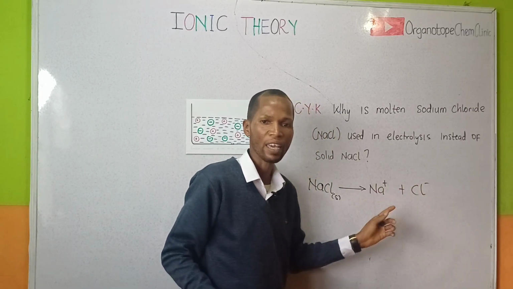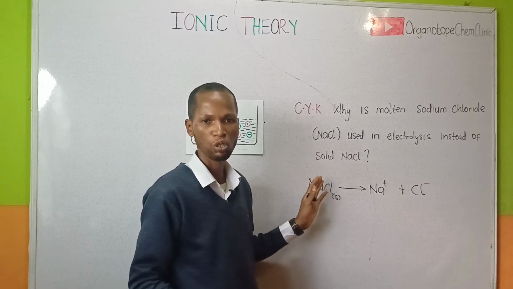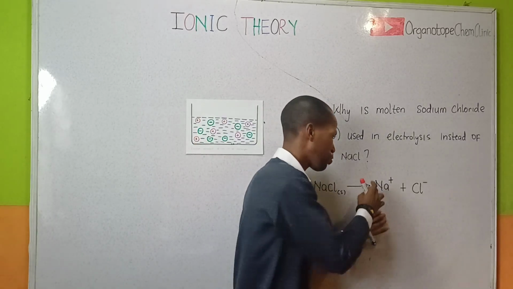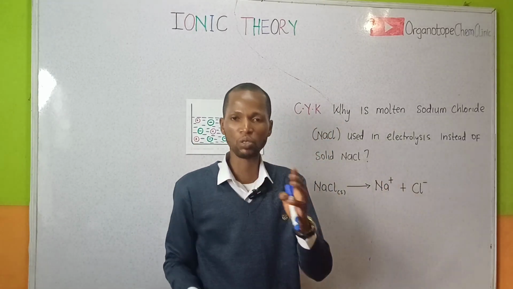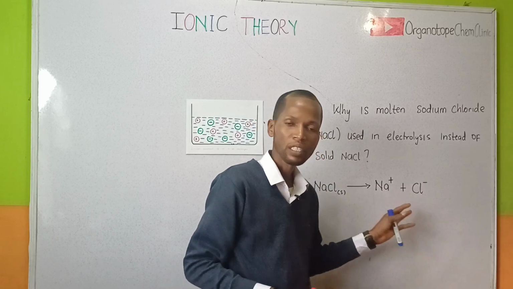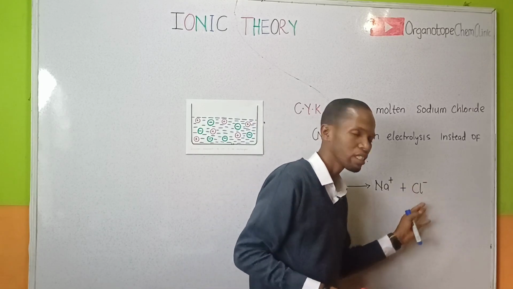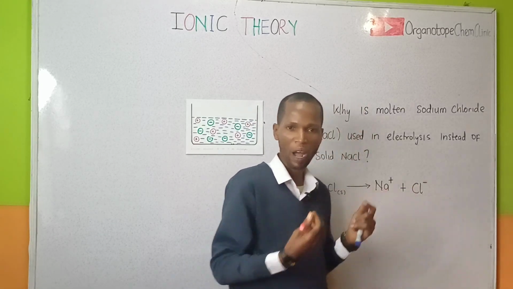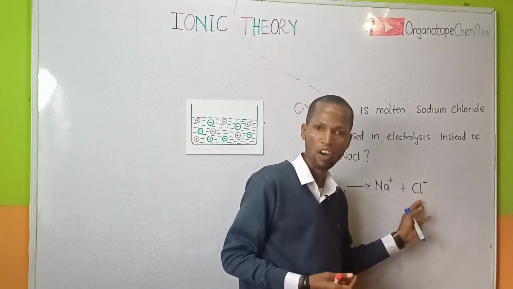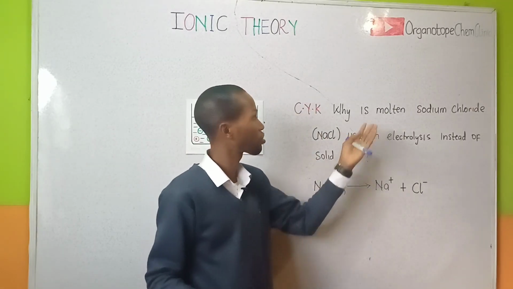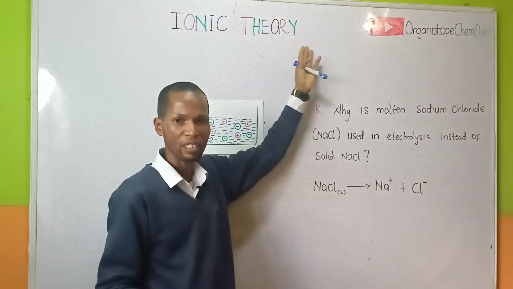These are the mobile ions in molten sodium chloride. It can be observed right here that sodium loses one electron to form Na+, while the chlorine gains one electron to become Cl-. Recall from electronic configuration, you can check the video lesson right here.